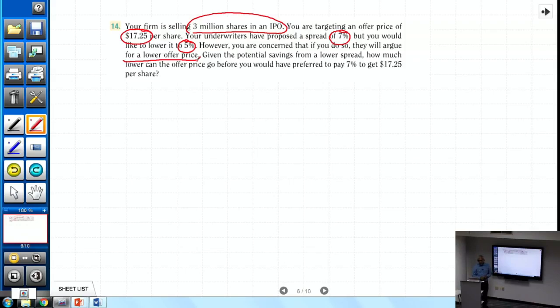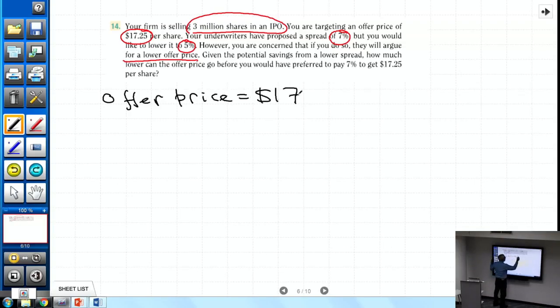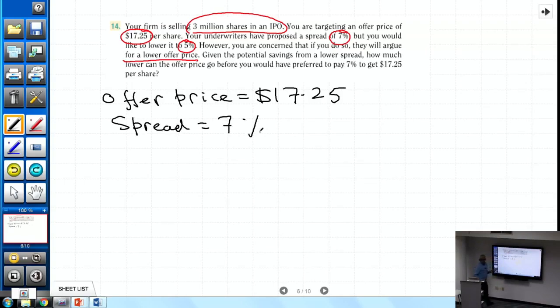So given an offer price of $17.25, and an initial spread of 7%, what is your total proceeds? What's the total amount of money that you will generate from this offer?